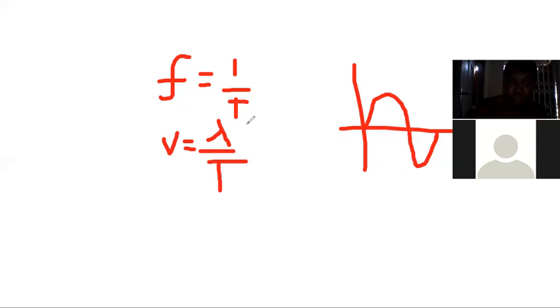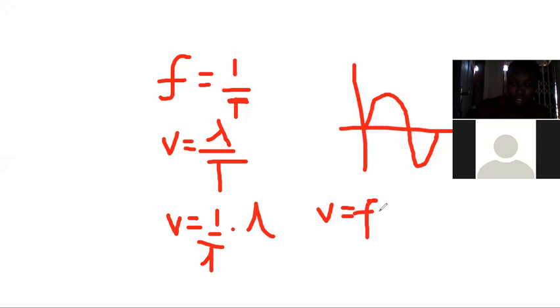But T is also equal to 1 over f, by changing the subject. So we can also say that v is equal to wavelength times 1 over T, and 1 over T we know is f.